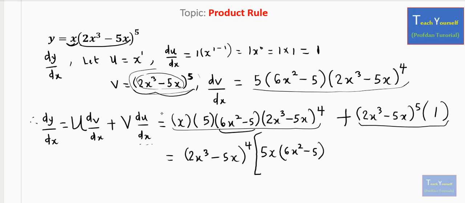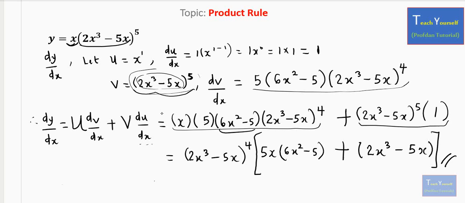So that's what we have left in the first term, plus in the second term, taking power 4 out of 5, we'll be left with 1, which is 2x^3 minus 5x. Okay, so this is a good answer.